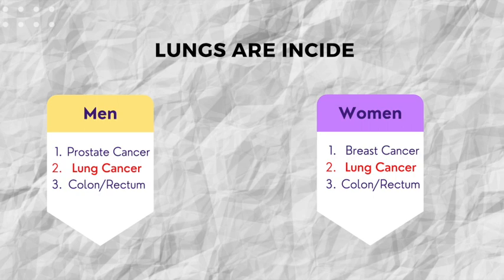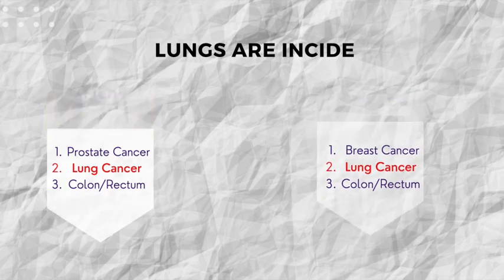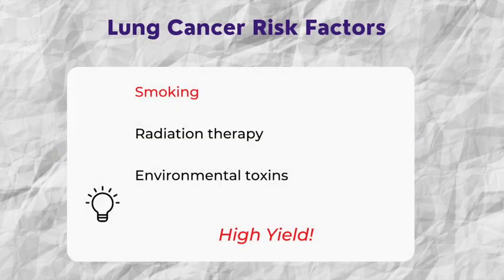It is also important that you know the lung cancer risk factors. The #1 risk factor for lung cancer is smoking. You also have other risk factors such as radiation therapy. So if a patient had Hodgkin's lymphoma and they had to undergo radiation therapy, they have an increased likelihood of having lung cancer.